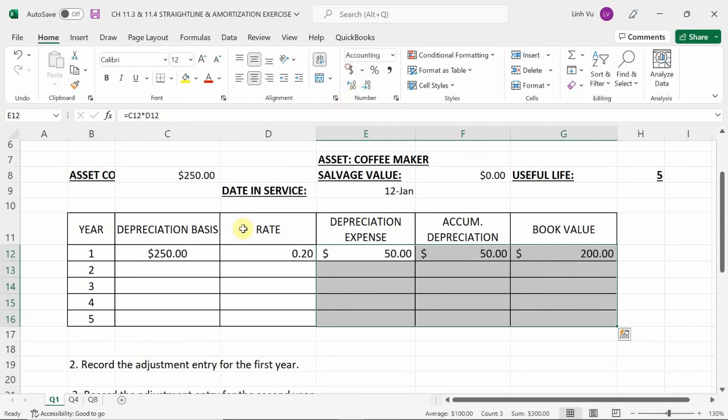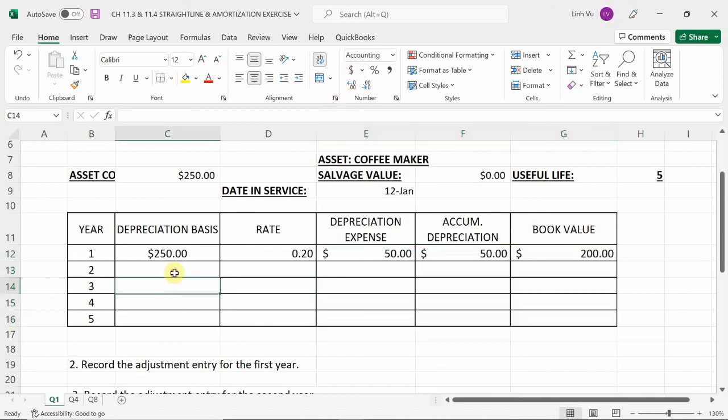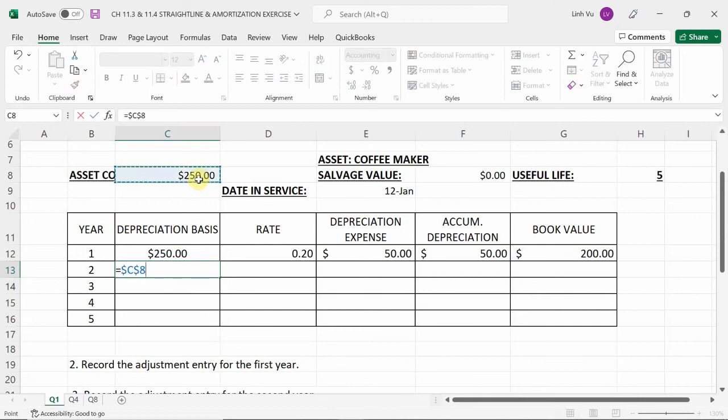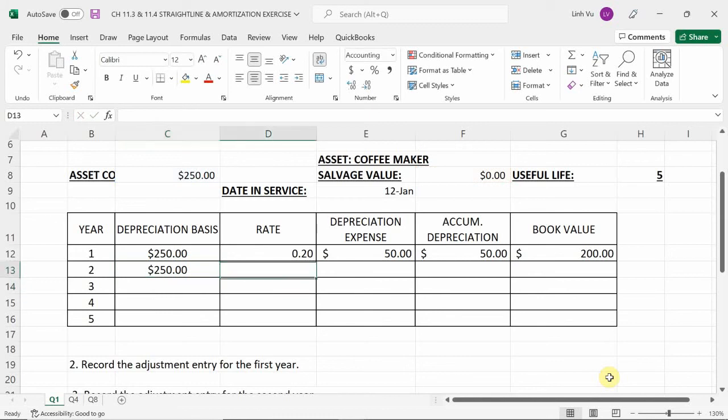What's my depreciation basis? It is $250, right? Because it's going to be your asset cost minus your salvage value, which is 0, which is $250. Okay. What's my rate going to be? 0.20. 1 divided by 5.